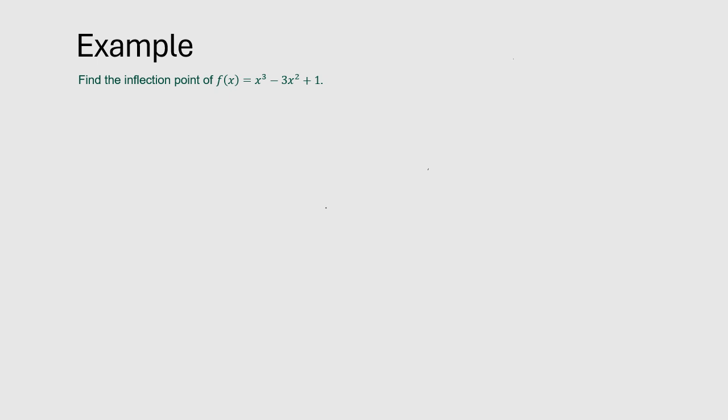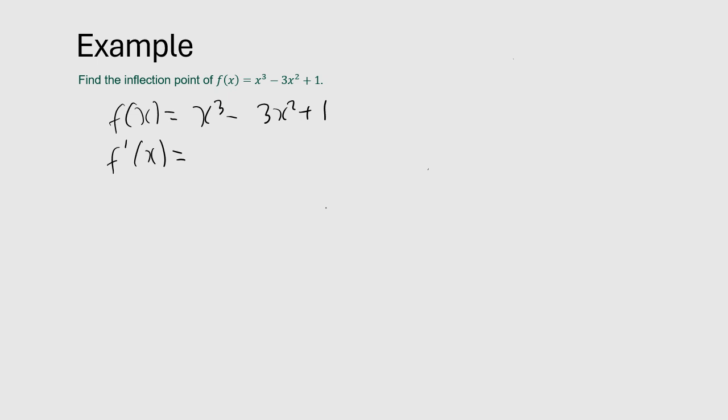Find the inflection point of f of x equal to x cubed minus 3x squared plus 1. So we write f of x is equal to x cubed minus 3x squared plus 1. Then find f prime of x, the first derivative.